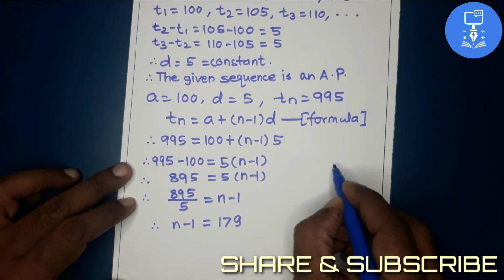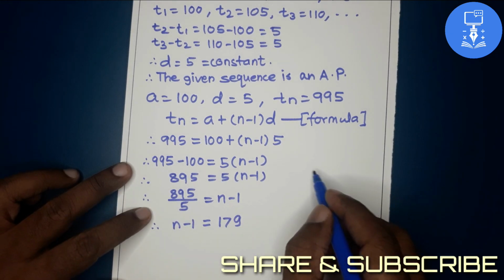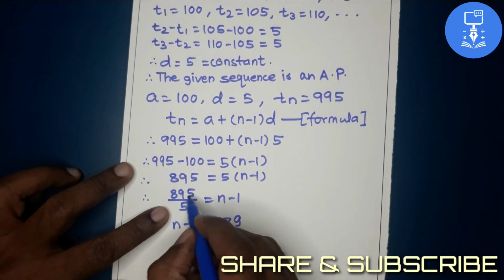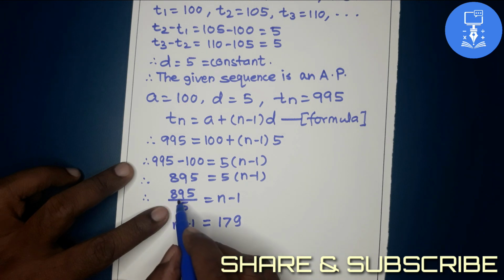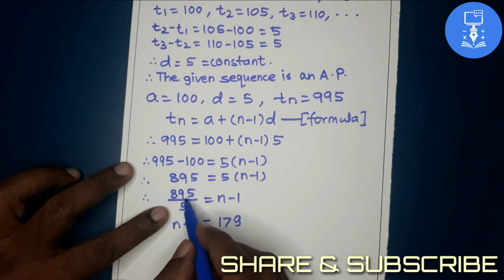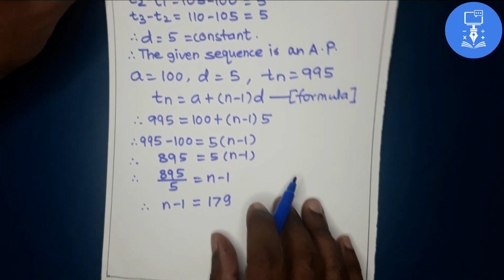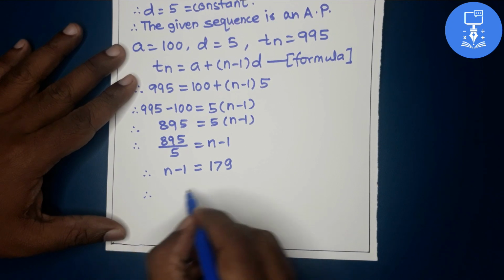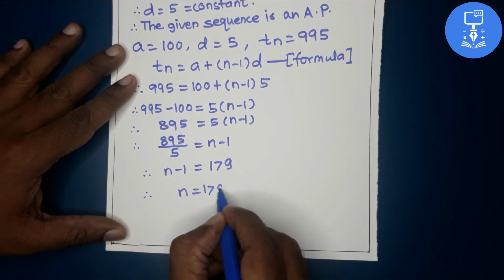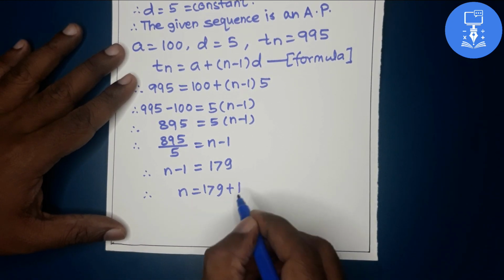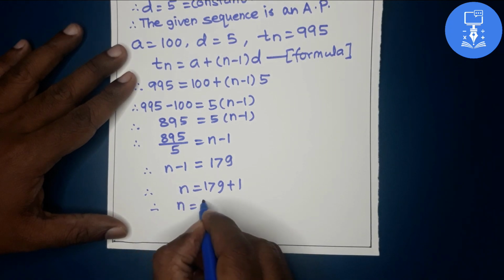Do the rough calculation on the rough page. If we add the minus 1 to this side, we get n is equal to 180.